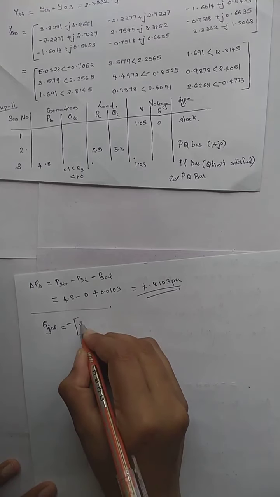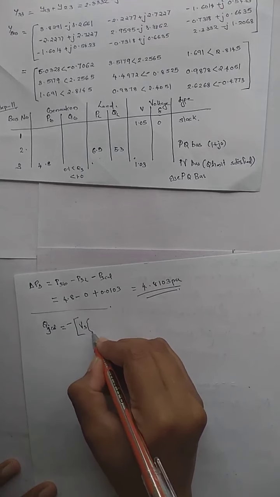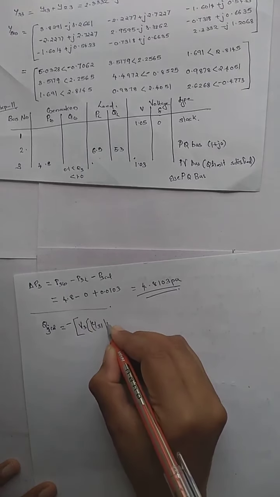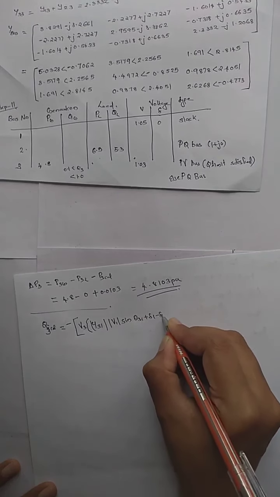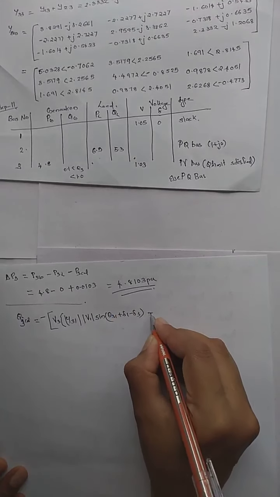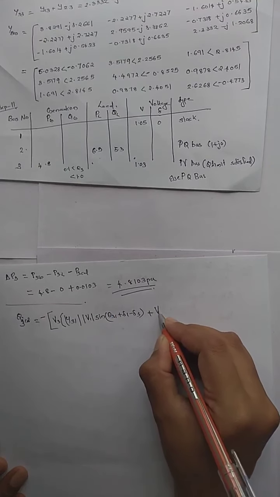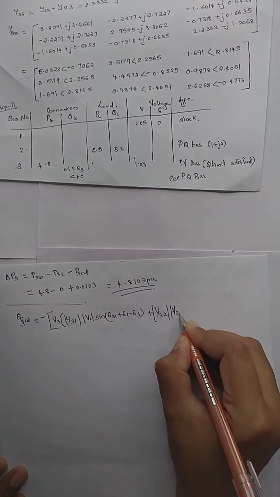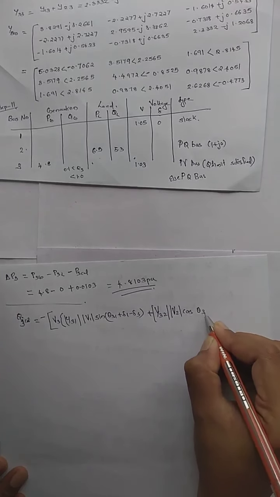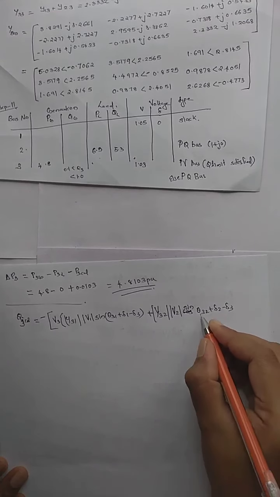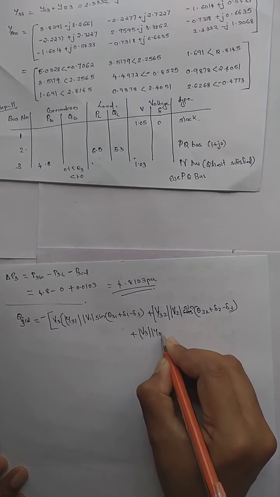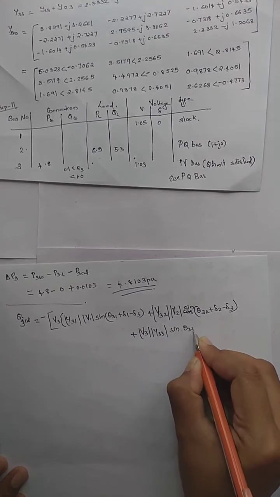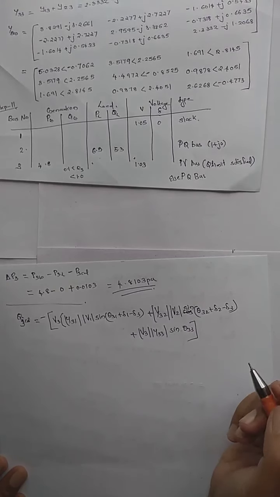That is minus of V3 into Y31 V1 sin theta 31 plus delta 1 minus delta 3, plus V3 Y32 V2, sorry, it is not cos, it is sin theta 32 plus delta 2 minus delta 3, plus V3 into Y33 into sin theta 33. This is the equation we are going to solve.